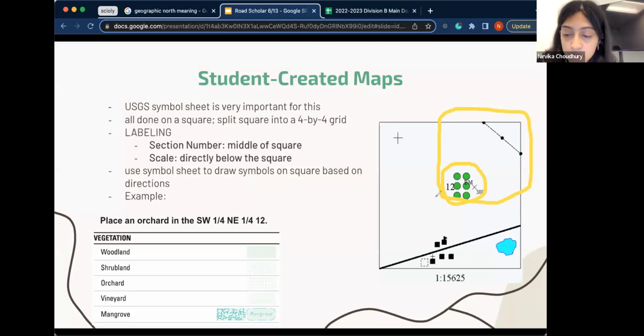So for example, how about we all type in chat where the pond is located with this denotation? How would I know where the pond is?